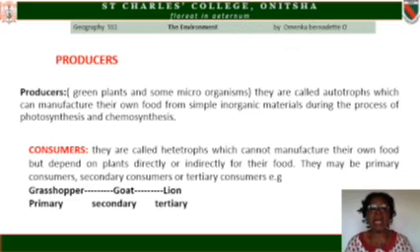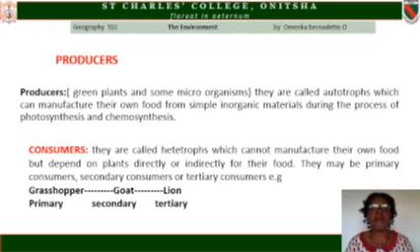This level of consumers, they are of three types, as I told you. The primary consumers will be the organisms that eat directly from the plant, like grasshopper.